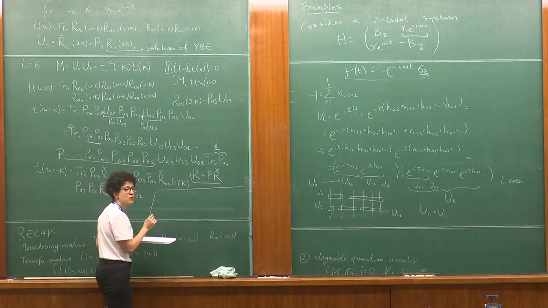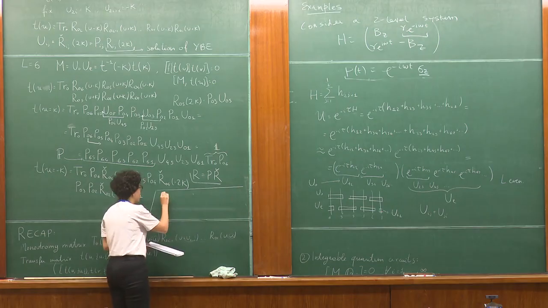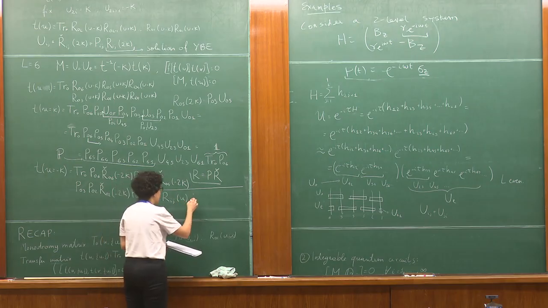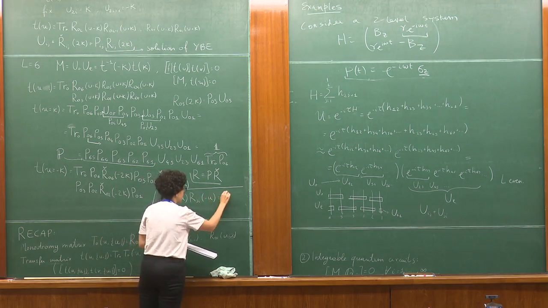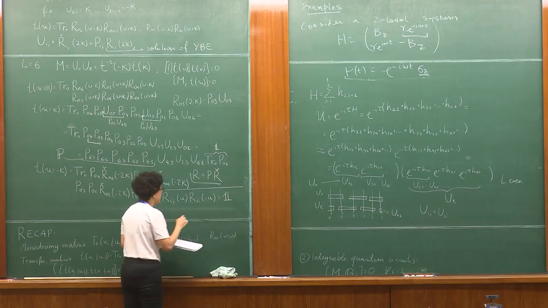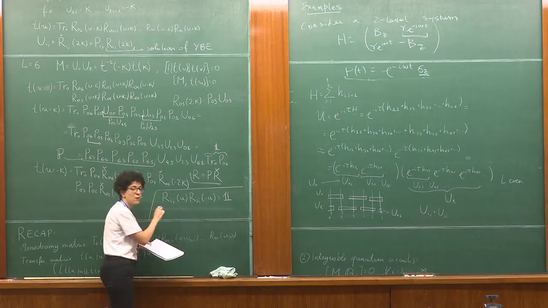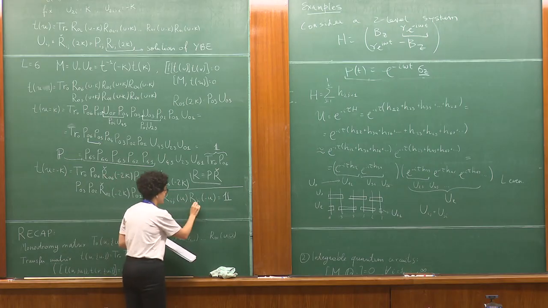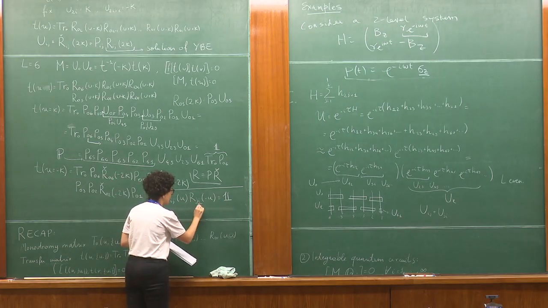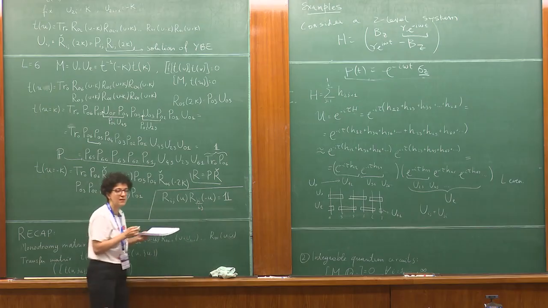I forgot to show yesterday, but if you have R of ij of u, and you multiply by R ji of minus u, this is just identity. And in our case, we are working with R matrices that are symmetric. So I can write this as ij itself.